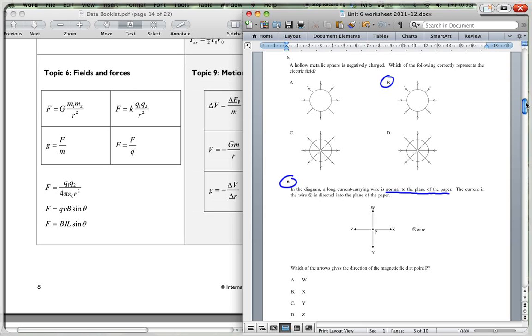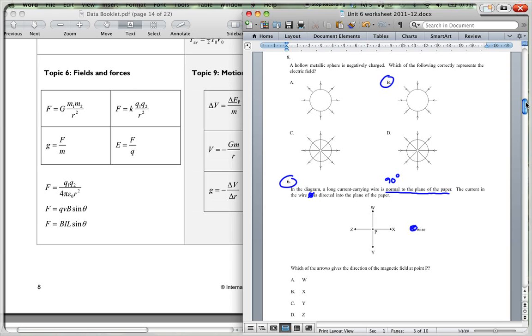Okay, question 6, it says, in the diagram, a long current carrying wire is normal, 90 degrees, to the plane of the paper. The current in the wire, shown with a cross, is directed into the plane of the paper. Which of the arrows gives the direction of the magnetic field at point P?